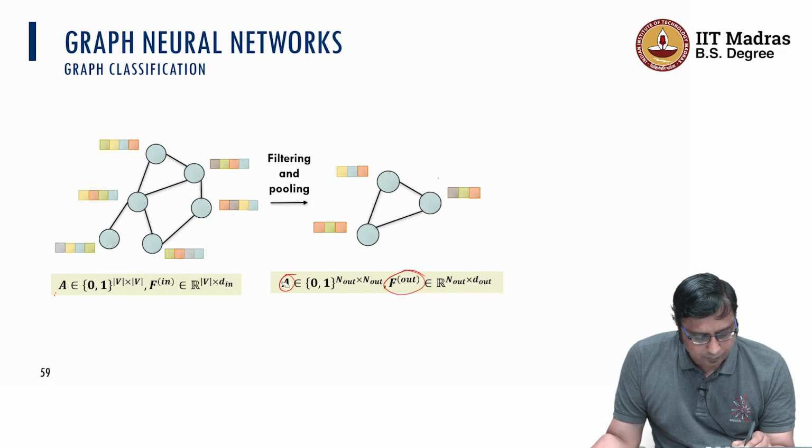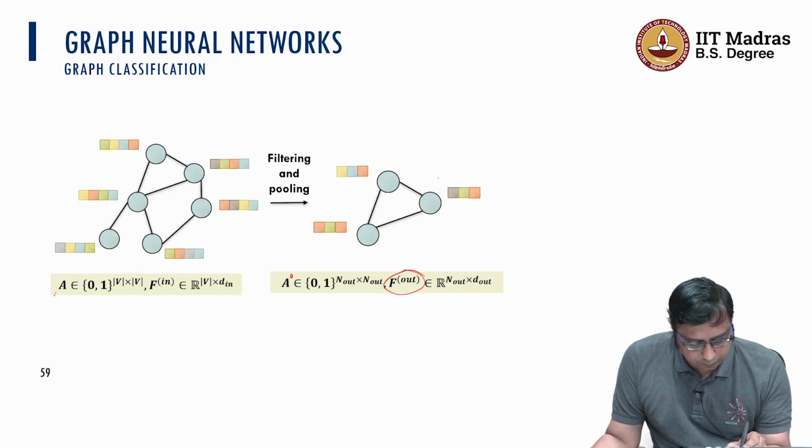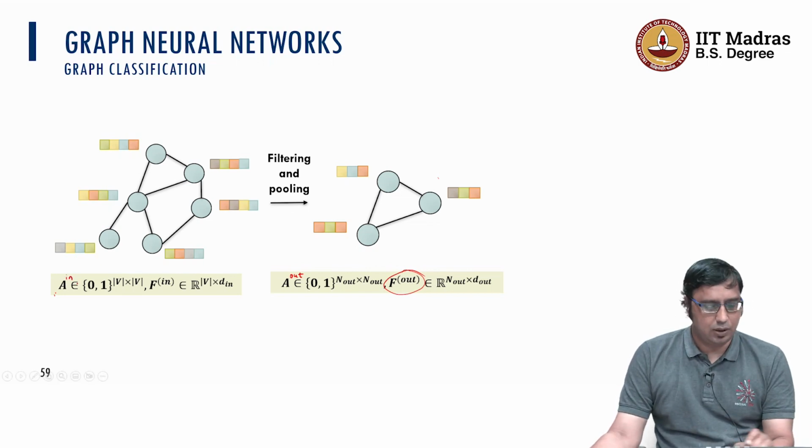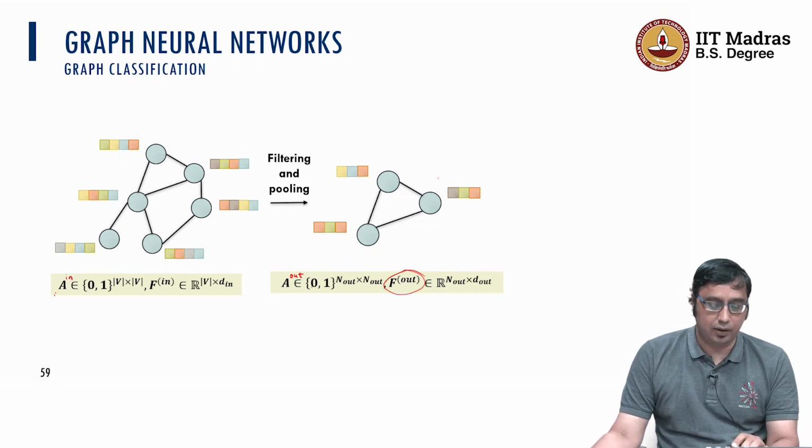If we want to distinguish, like F in and F out, we can also have A in and A out.